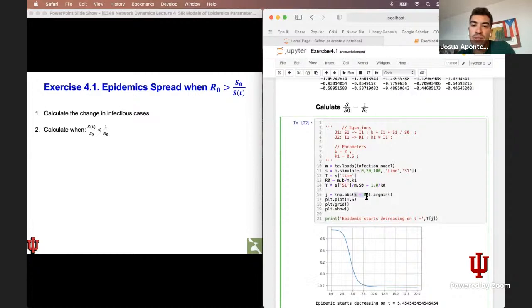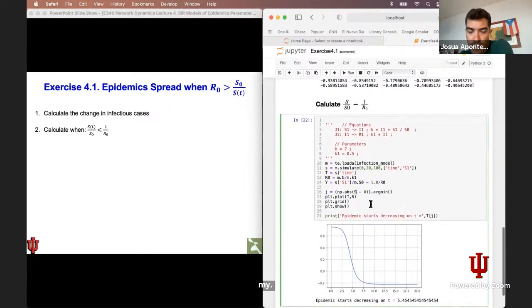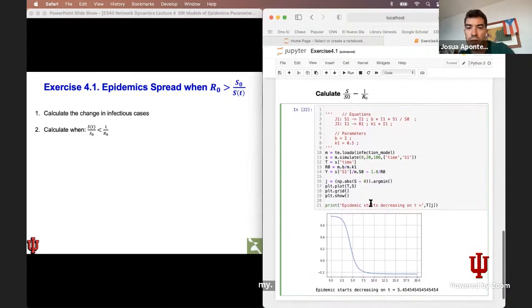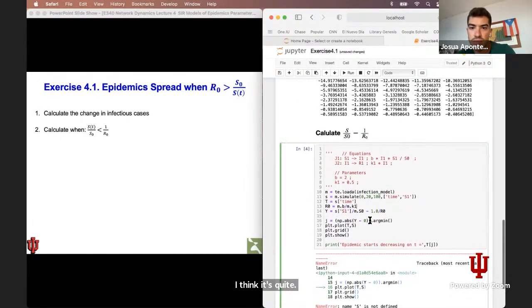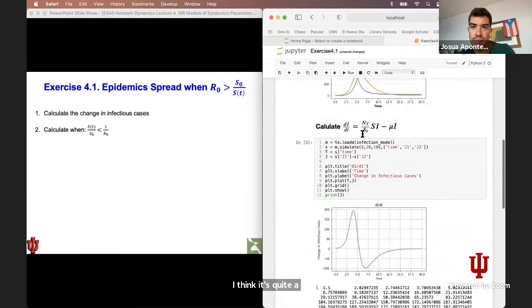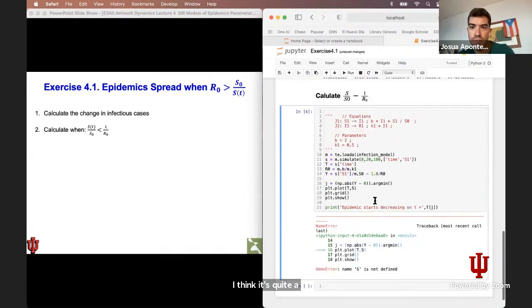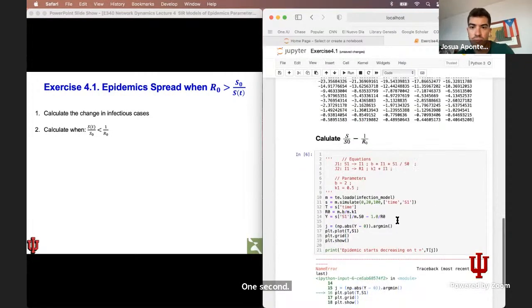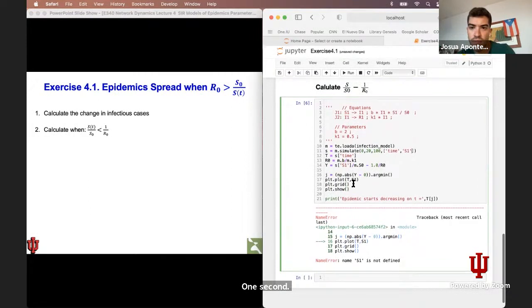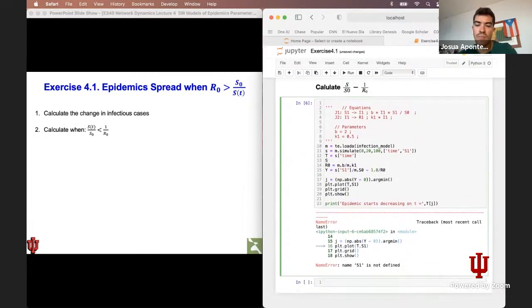So what I need to do, and this is what this line is doing, is tell me the index at which my S, I think it's Y here, I just forgot to reference.